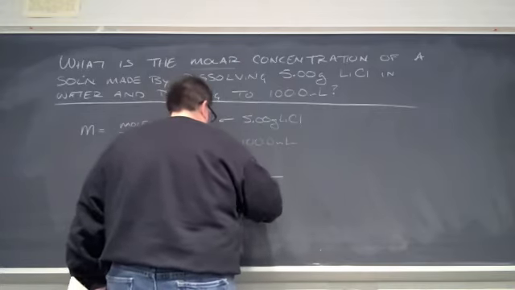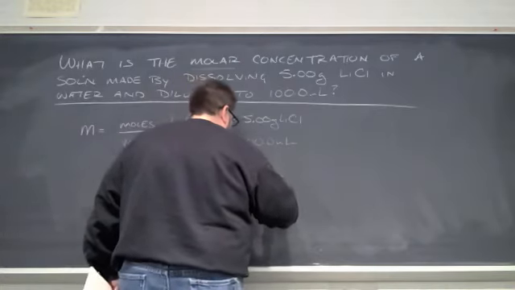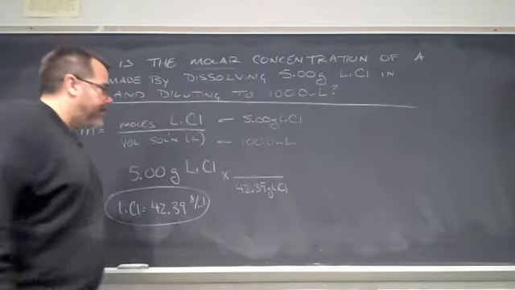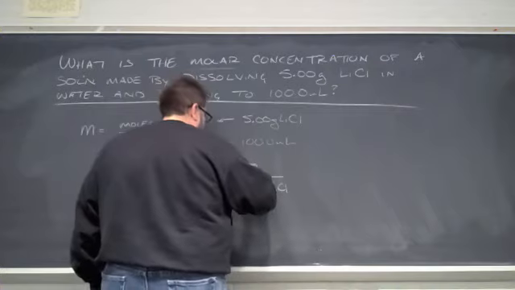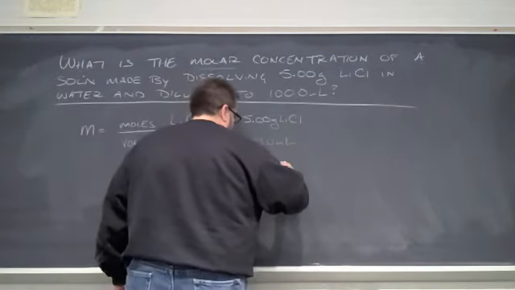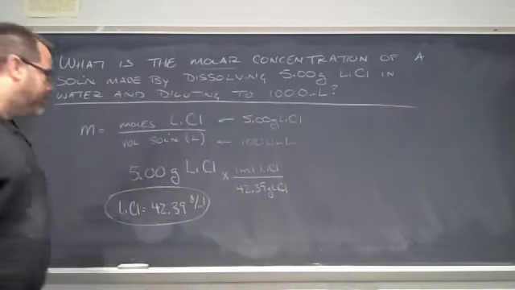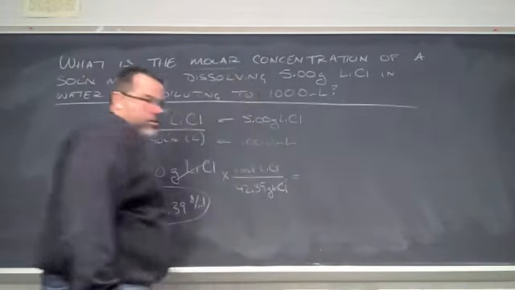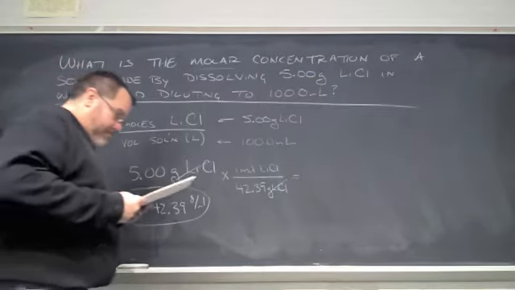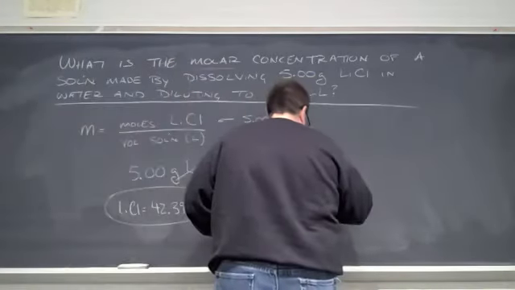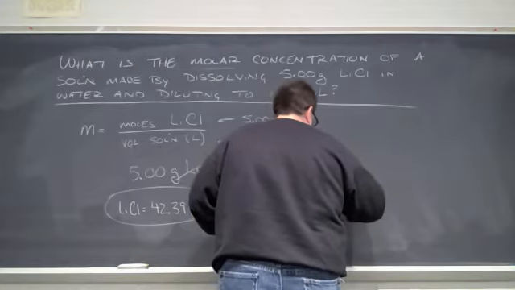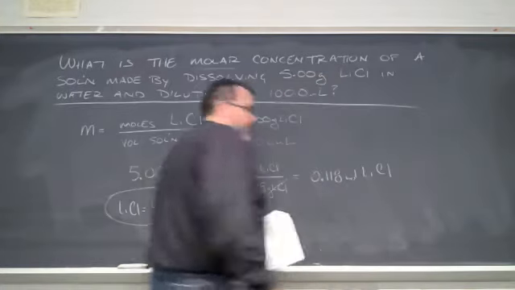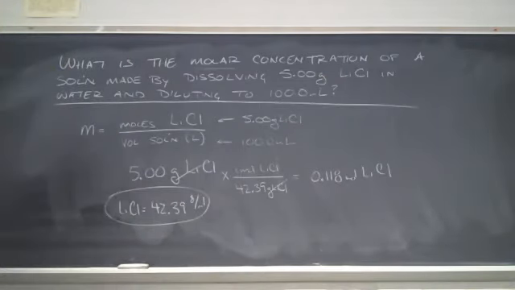We know that every 42.39 grams of lithium chloride is 1 mole of lithium chloride. And so when we do the math there, we'll get moles, and this is 0.118 moles of lithium chloride.